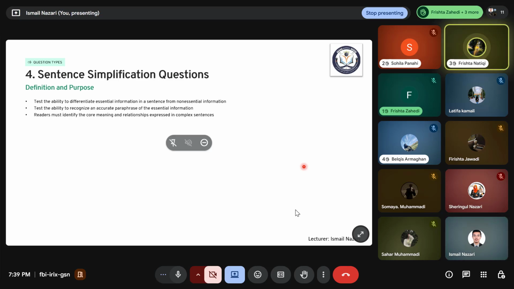Okay, teacher. So in my perspective, the sentence simplification question expects us to simplify the question, to find the exact word or the exact main idea. For example, we might have unnecessary things in the text.